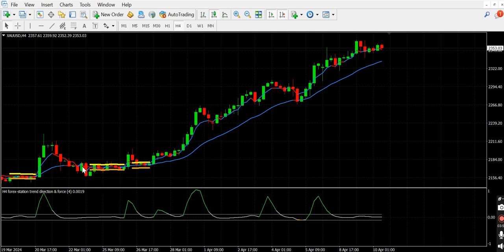So what this does is it starts painting these yellow lines, telling me that the moving averages have moved very tight together, and then when the moving averages separate, we get this push out, and then these disappear.